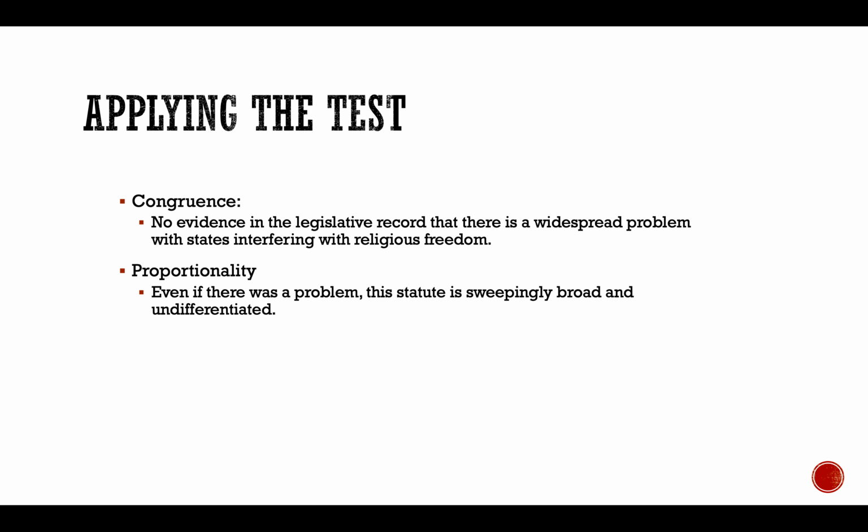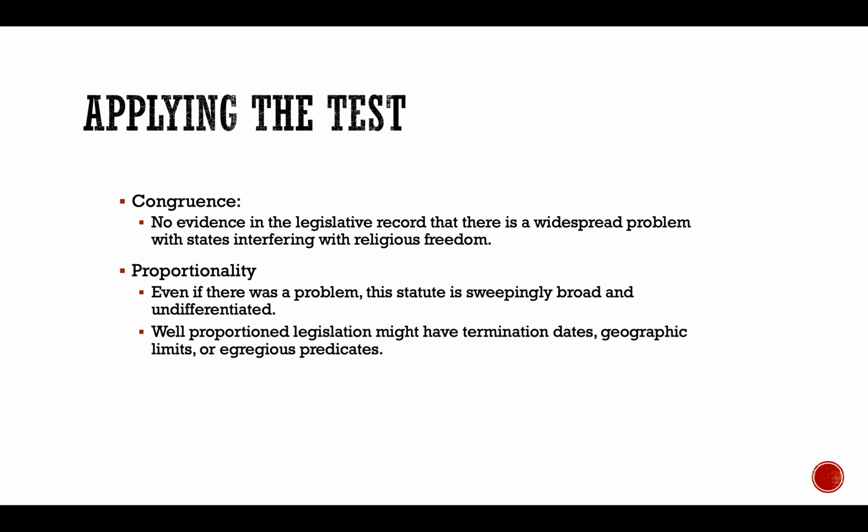Right? Someone could challenge every state action as severely burdening their religion. Right? Instead, well-proportioned legislation is going to show how it is designed to address the problems that are identified and only those problems.